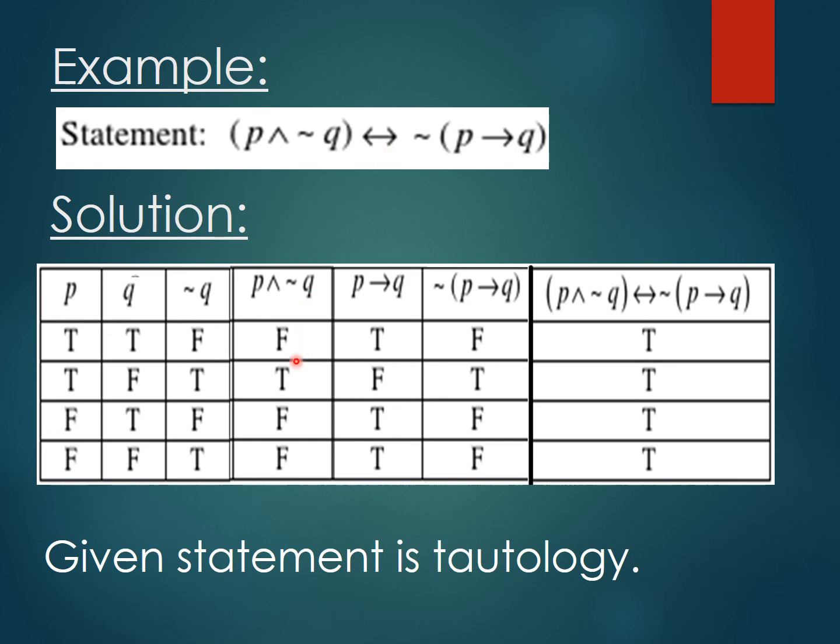So first is false, second is false. Both are same, so the answer is true. First is true, second is true. As both are same, the answer is true. First is false, second is false, as both are same, the answer is true. Last is false and again the second is false, answer is true as both are same. As you see that all the answers are true, the given statement is a tautology.